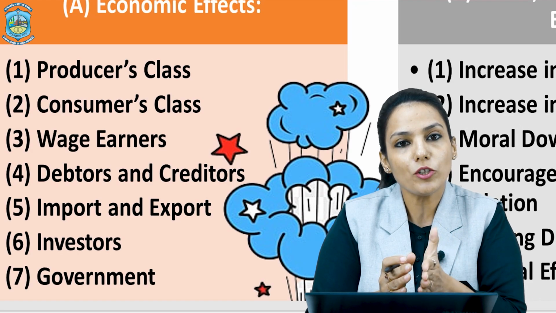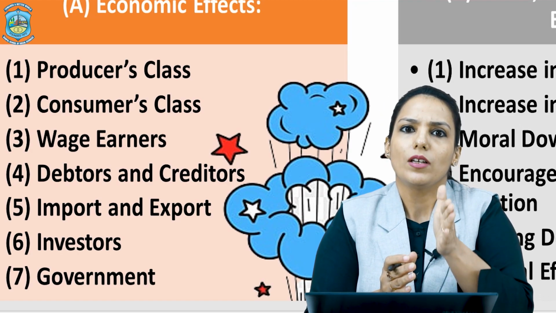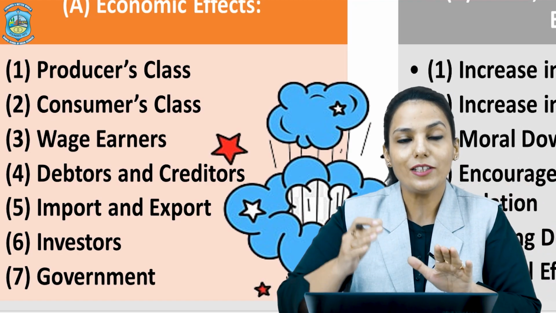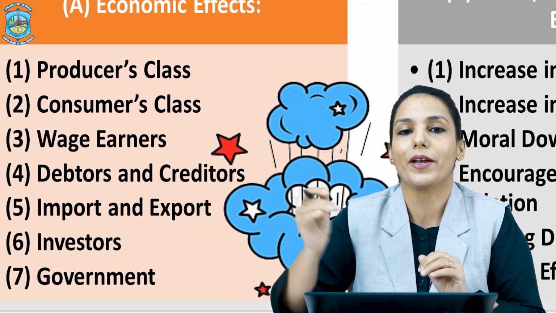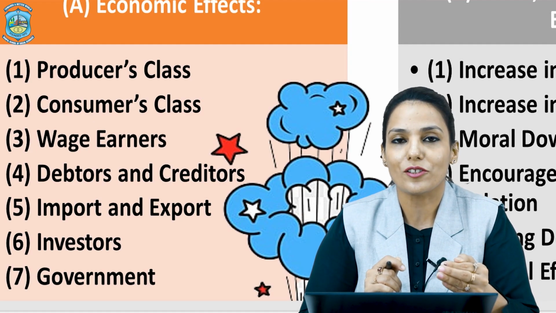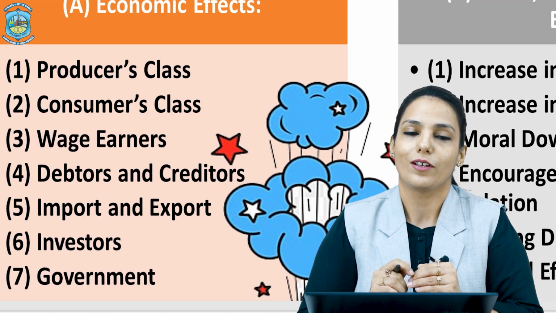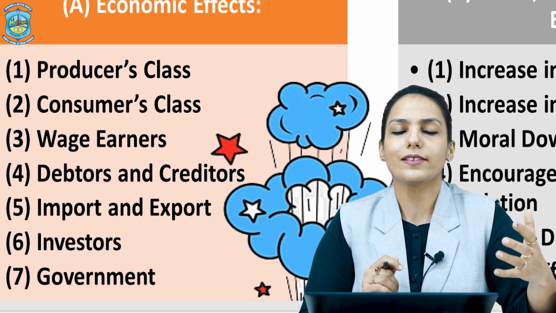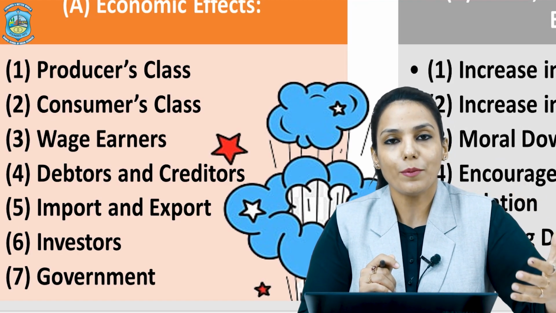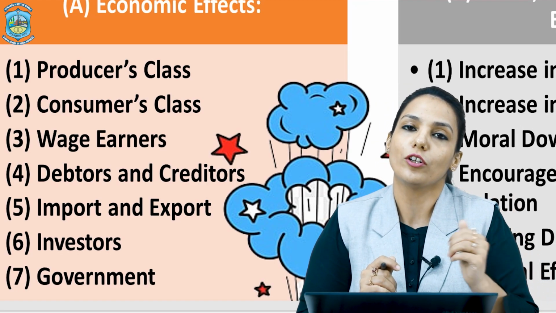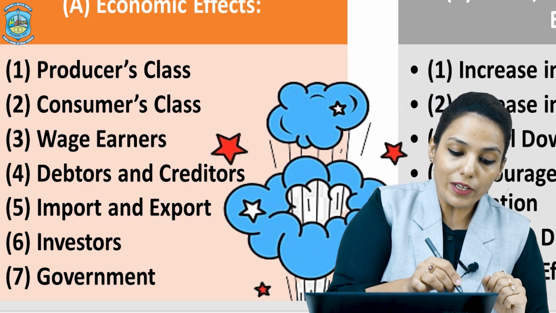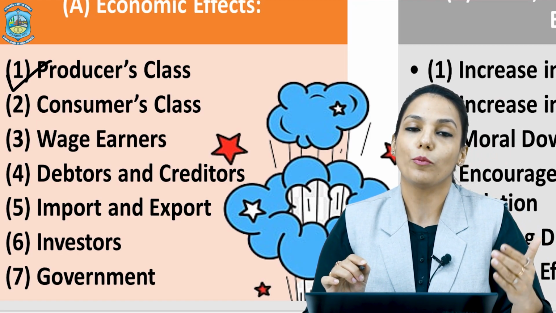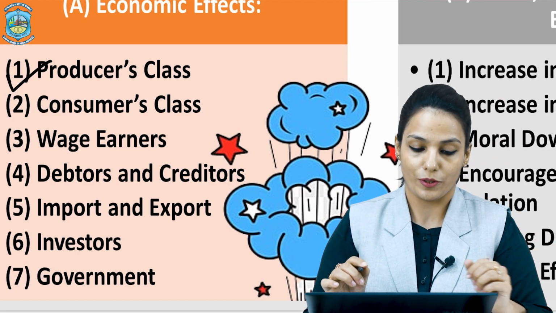The cost of production is constant, but the price of the final products has been increased by the producer. This leads to an increase in profit of the producers. This increase in profit acts as a booster for them to have more production of goods and services. So inflation is actually beneficial for the producer class. They benefit from inflationary situations.